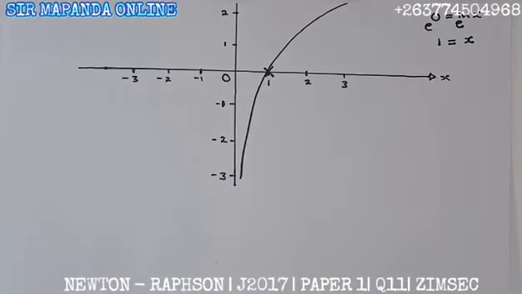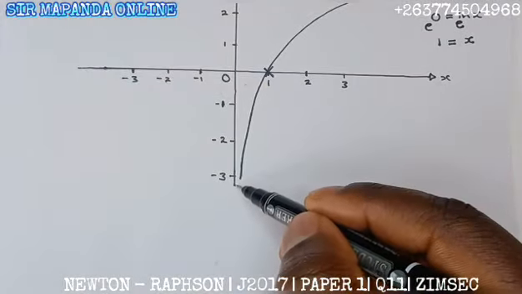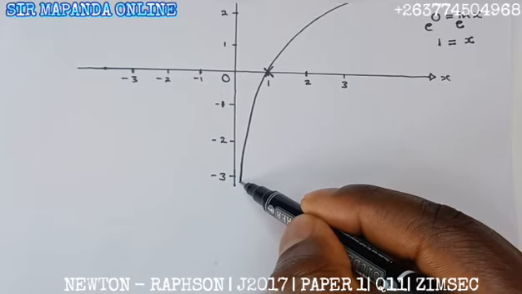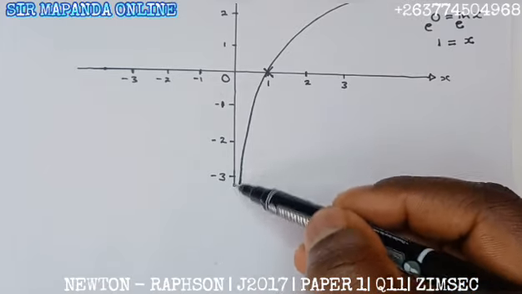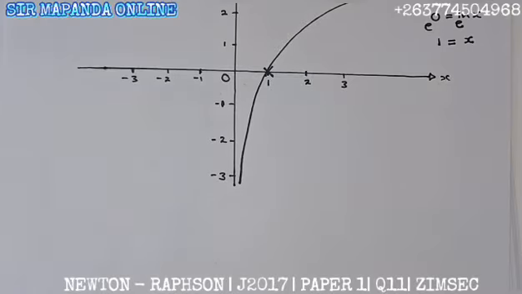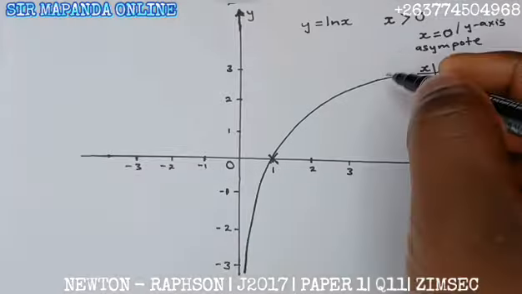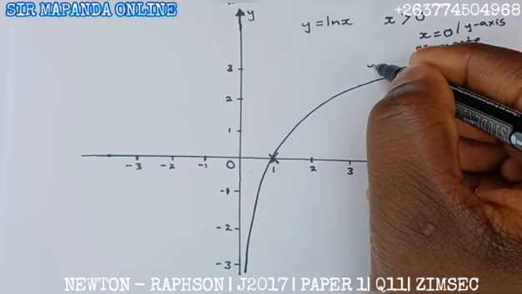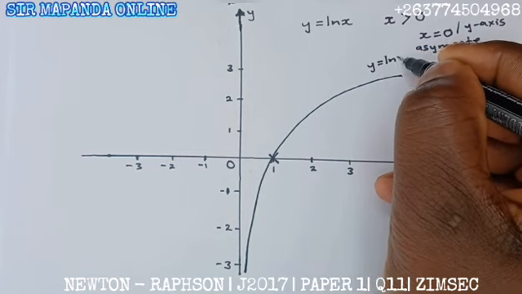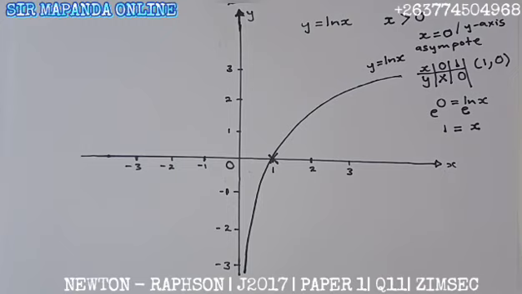But you need to make sure that your graph approaches the y-axis, and the graph must not touch the y-axis, since the y-axis is acting as our asymptote line. So this graph is representing y is equal to ln x. I hope you are following, class. Let us move on to the next.